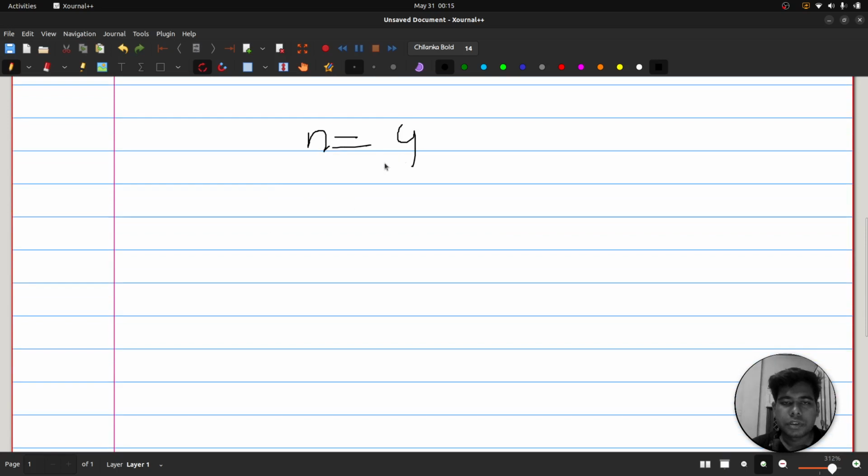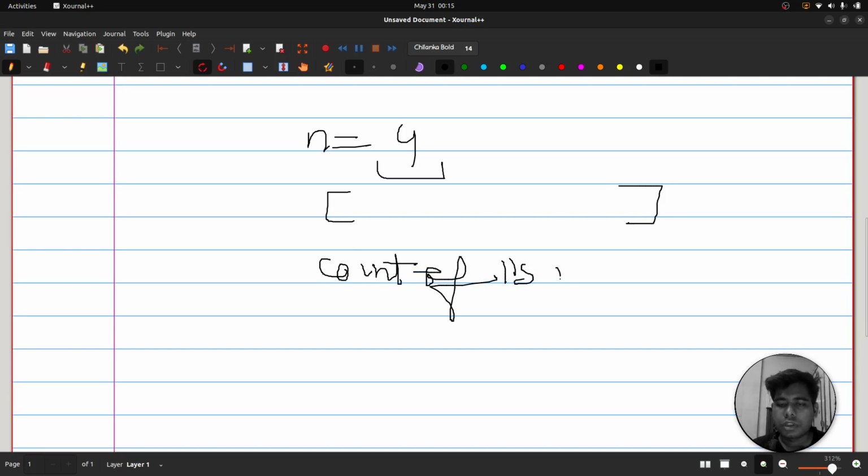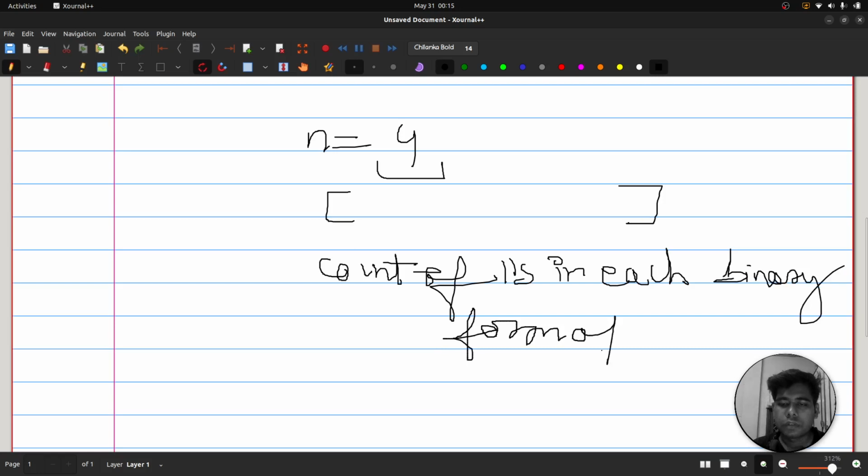What it means is that you have to return an array in which you will store the count of ones in each binary form of decimal i. So 0, 1, 2, 3, 4.